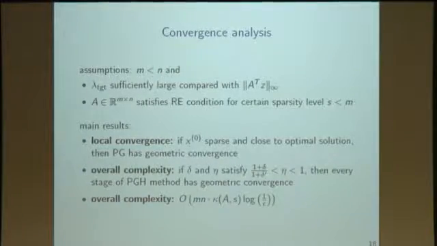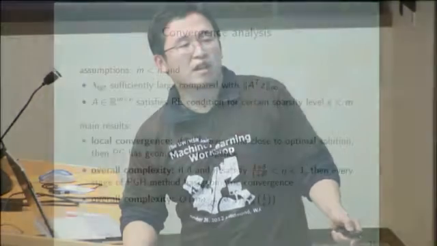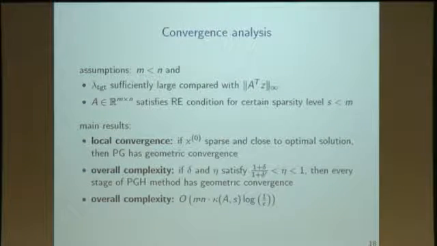Overall complexity: delta and eta are both between 0 and 1 and satisfy a simple condition. Here, delta prime is a parameter that comes from the restricted eigenvalue condition. I'm not going to get into the details here. Then every stage of proximal gradient homotopy will have geometric convergence. Your overall complexity is m times n as the per-iteration complexity, times the number of iterations, which is log 1 over epsilon times the condition number.